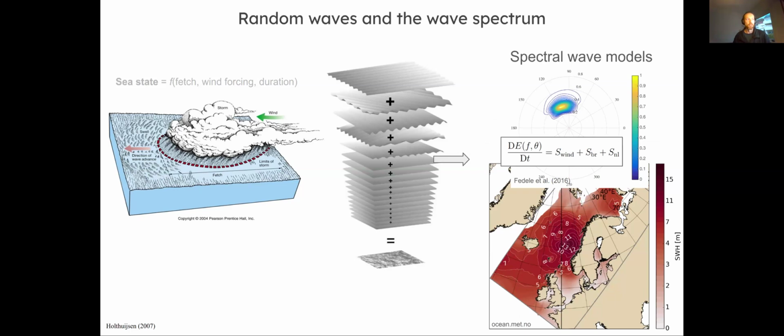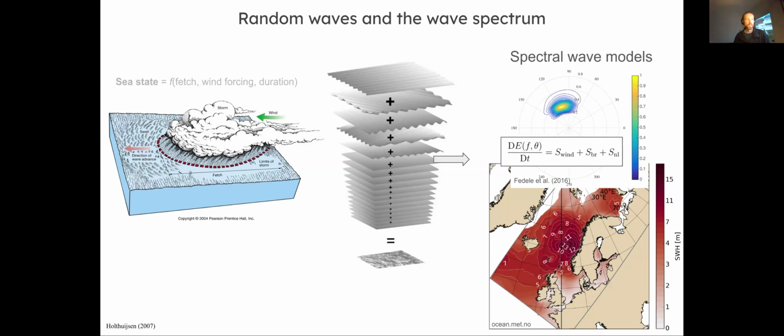So in these models, we usually also include the wave direction in the spectrum so that we can tell where the waves are headed to and coming from. And the spatial and temporal evolution of the spectrum is represented in terms of what they call source terms. These are shown in the equations here.